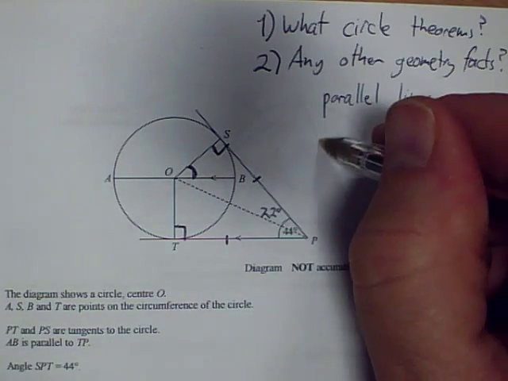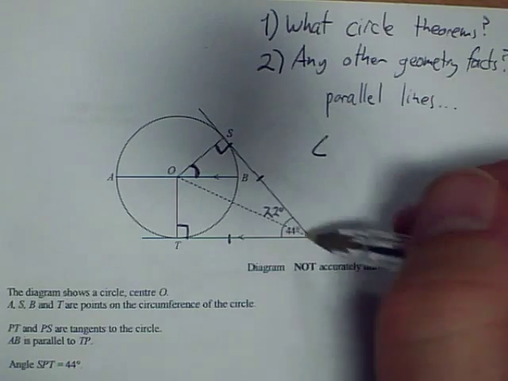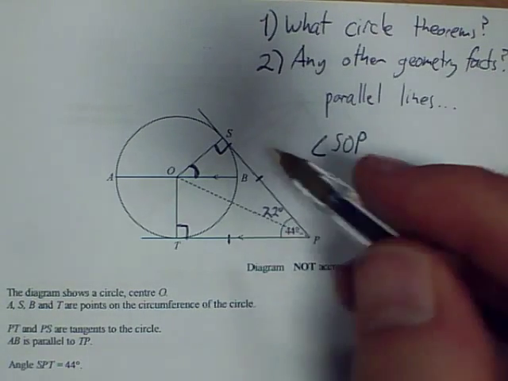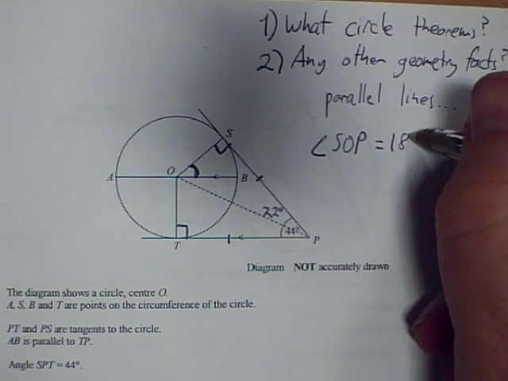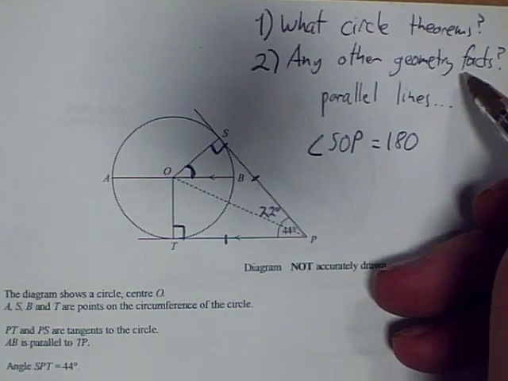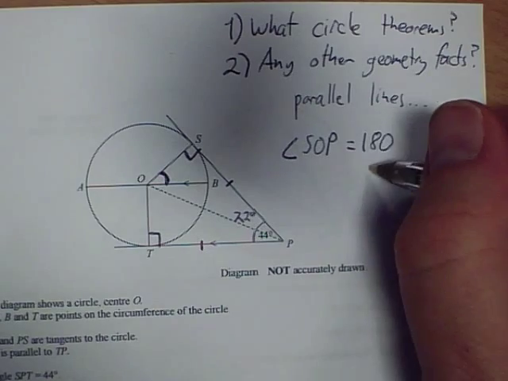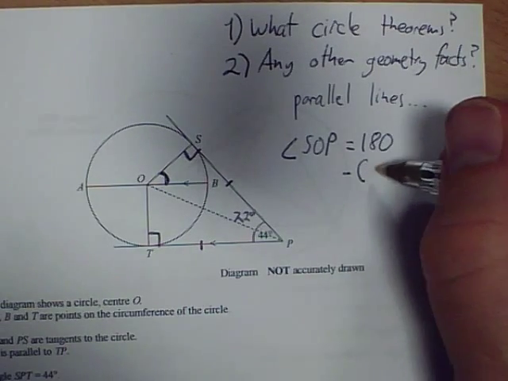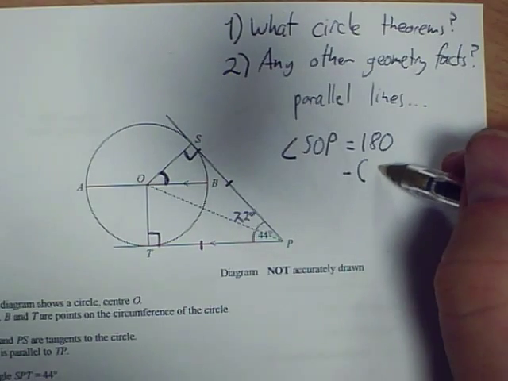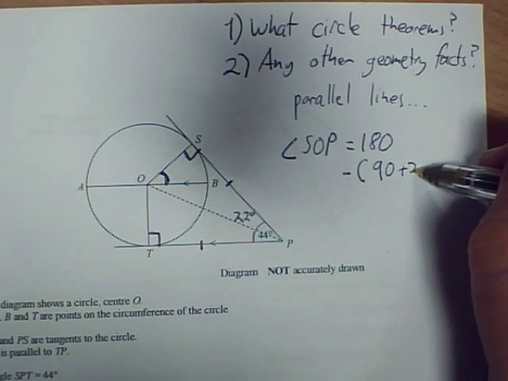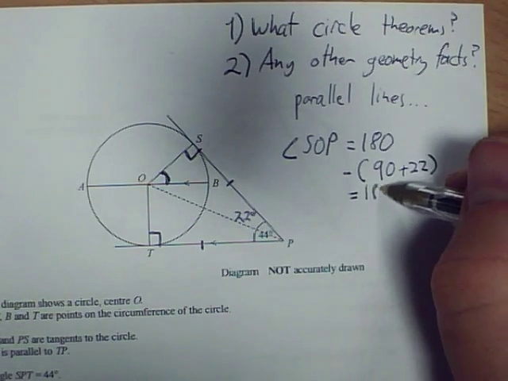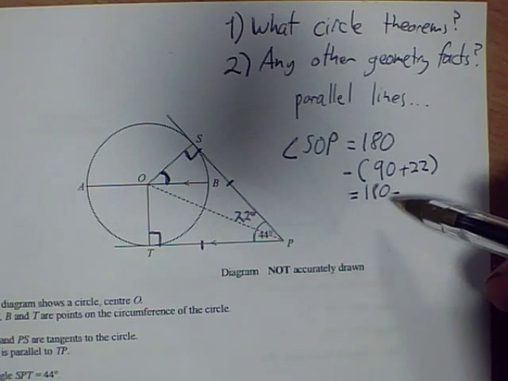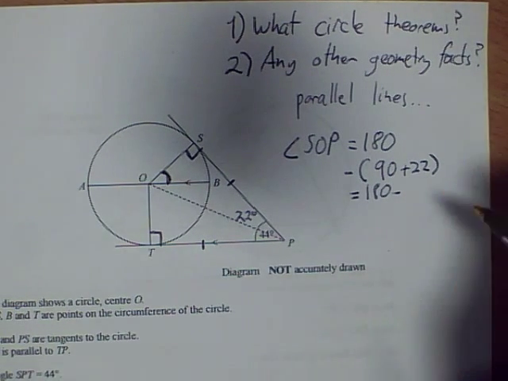So angle SOP, that's the whole angle there, equals 180. This is just angles in a triangle, so this is another geometry fact I need. Take away, what have I got? I've got 90 and 22 already known. 90 plus 22 is 112.